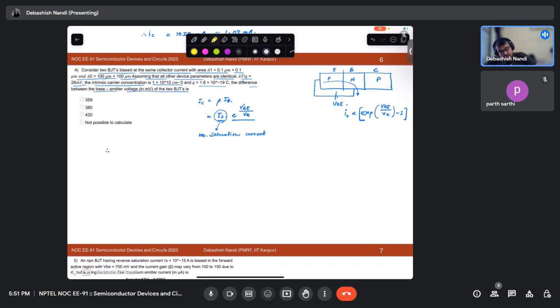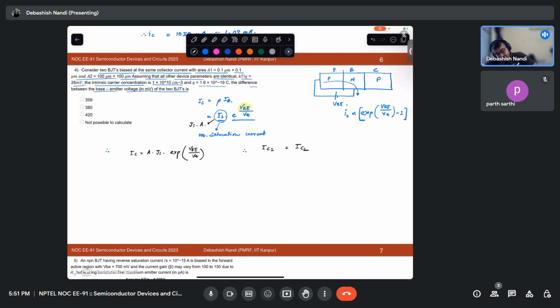And what is your VBE? VBE is the bias applied at the emitter base junction, which is forward biased. So your IC would be equal to, let's say IS would be JS times area. So area times JS times exponential VBE over VT.